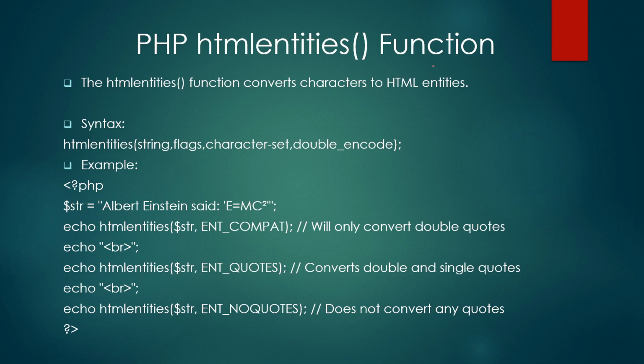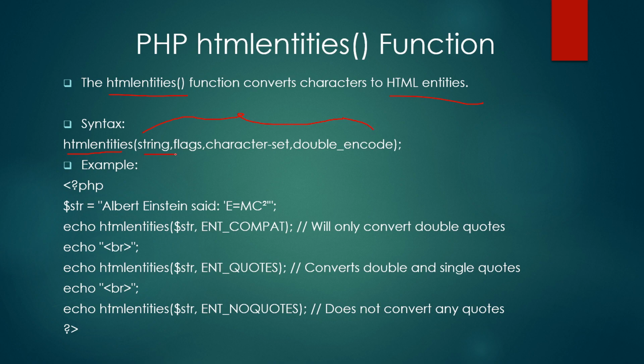We now know how to convert HTML entities into normal characters. Now let's see how to convert characters to HTML entities. The htmlentities function converts characters to HTML entities. The syntax is quite easy. We use this inbuilt function and it consists of four arguments.